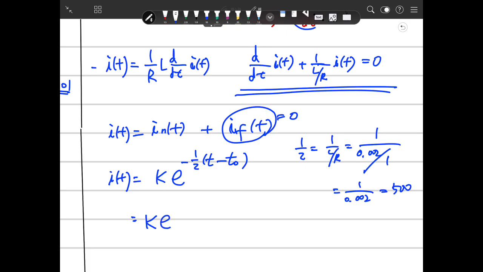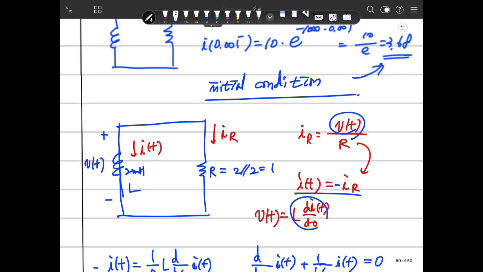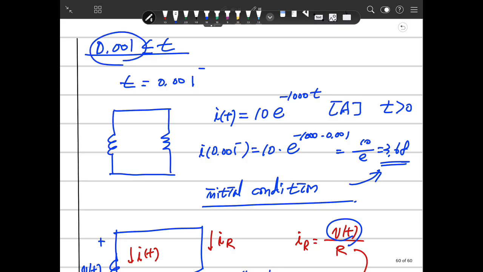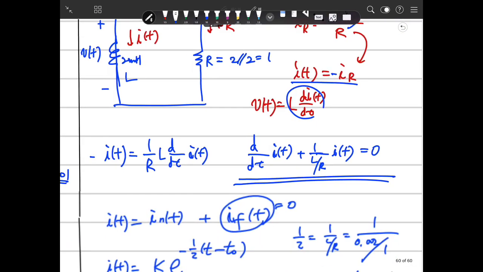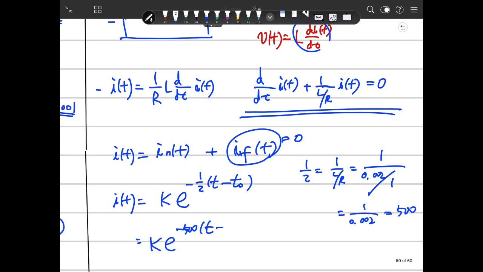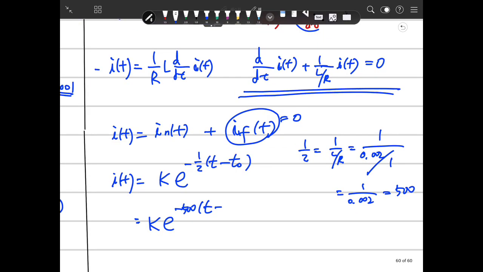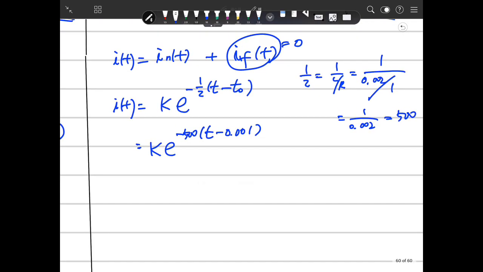So it will be K exponential minus 500 times (t minus t0). When is t0? t0 is 0.001.